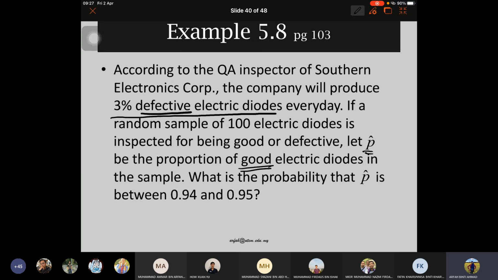What is the probability that P hat will be between 0.94 and 0.95? This information given is from the population, meaning what the company produces. For the sample, given n equals 100.